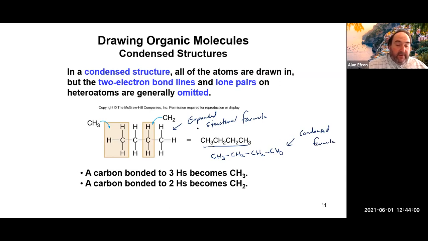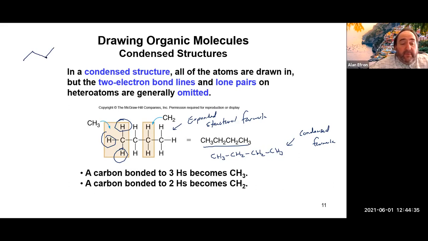What is the difference between them? Well, the difference is in the expanded, you basically draw out the hydrogen bonds. And in the condensed one, you don't really draw out the hydrogen bonds. You just do them as groups like CH3, CH2, CH2, and that's what we see here, CH3, CH2, CH2, CH3. And obviously our line structure, which would have 4 carbons, would look something like this.